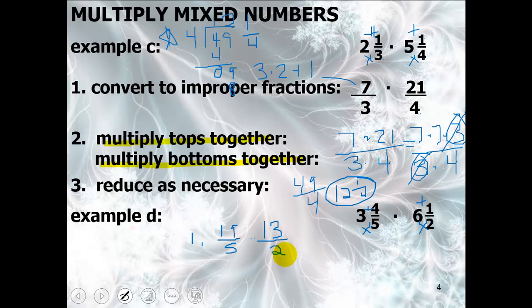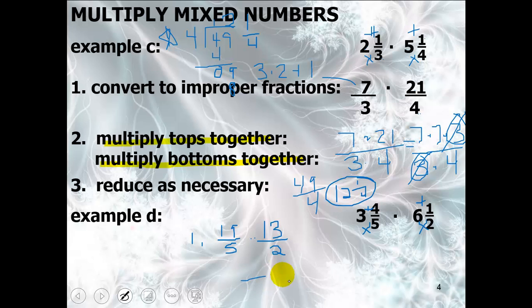If you look, you have all primes here. 19 is prime, 13 is prime, 5 is prime, 2 is prime. You see why it's good to know what your prime numbers are, because then you know you can't cancel anything, and all you can do is multiply everything straight across.